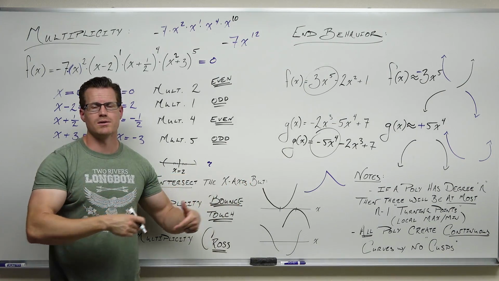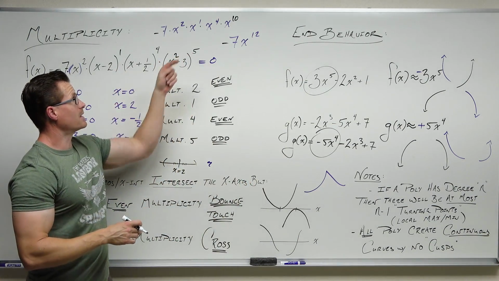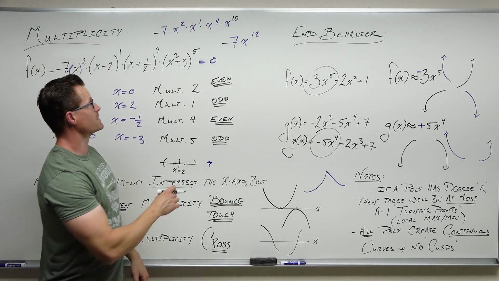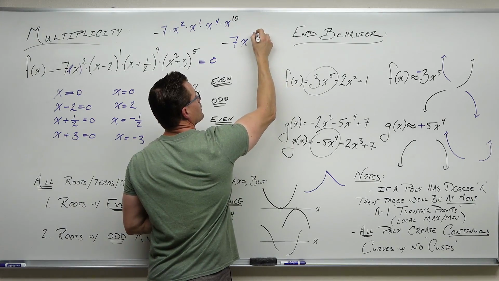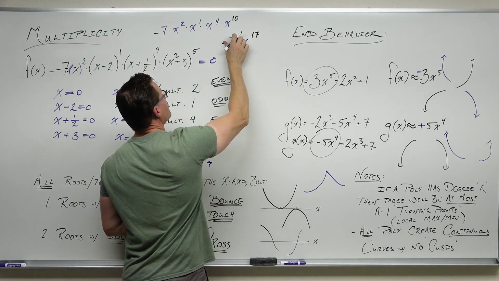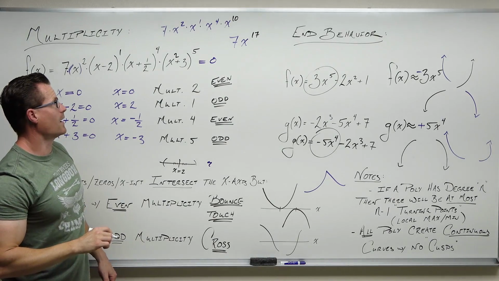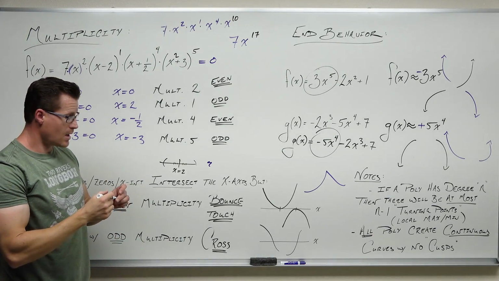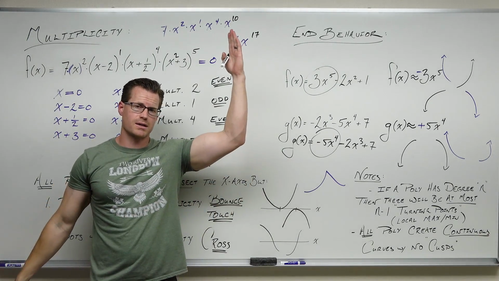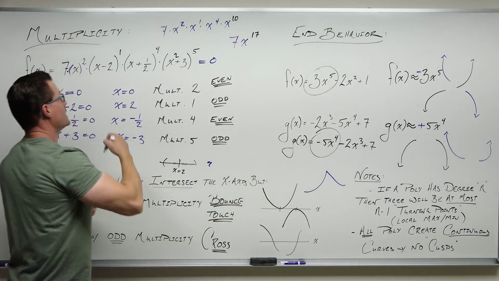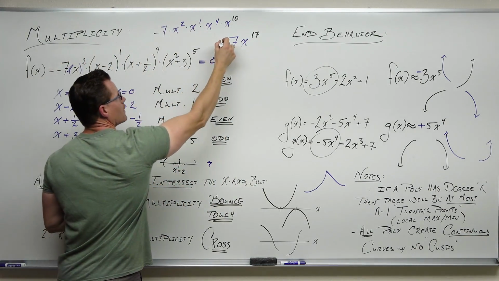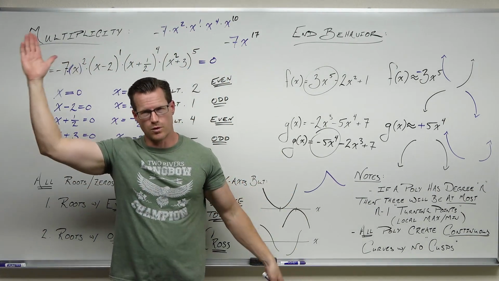So if you were to distribute that, you get x to the 10th. And then here you'd see, oh my, you see 17. Yeah, 7x to the 17th. That would be an odd if it's positive this way, or if I put that negative back, that would be an odd reflected.